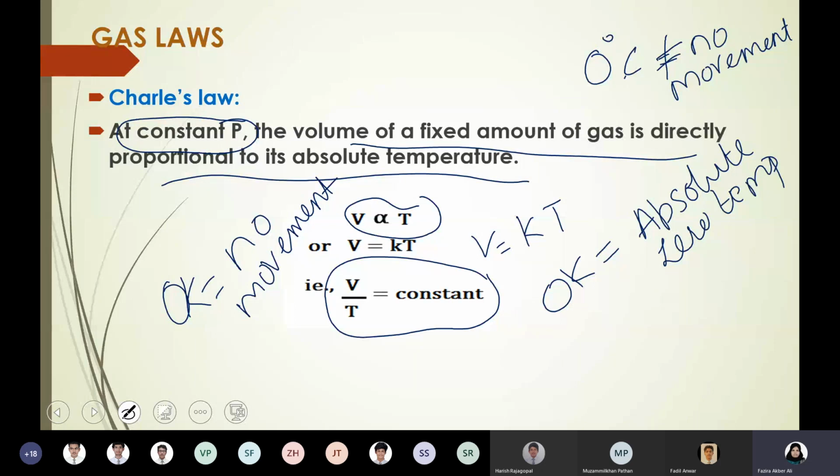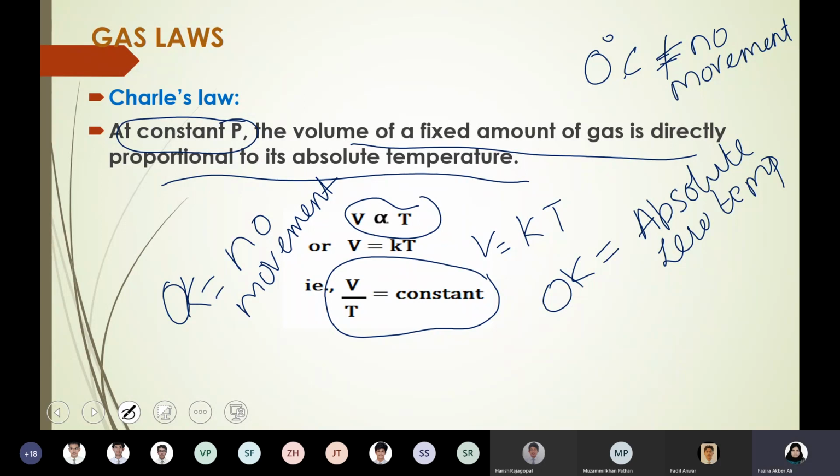So that is why we got a different scale, known as the absolute temperature scale, also known as the thermodynamic scale, where 0 means no energy. Kelvin scale is one among them. There are some other scales also, but what we commonly use is the Kelvin scale.